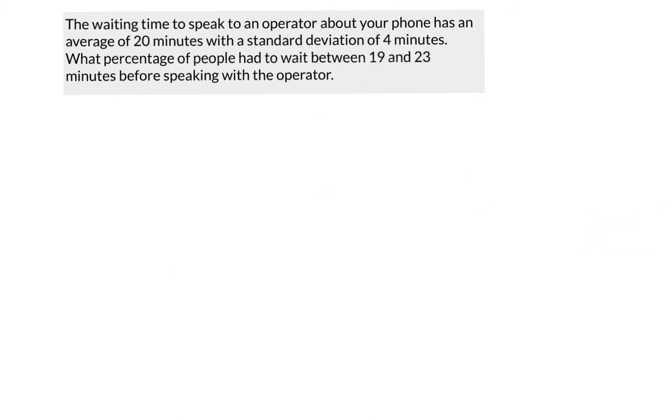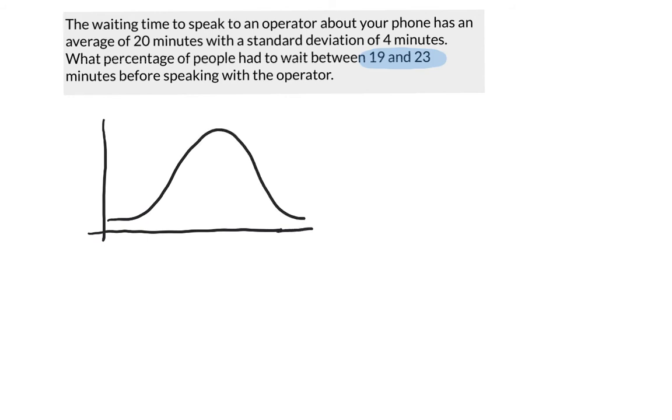So the last part of this question now revolves around this. We're trying to find out what percentage of people had to wait between 19 and 23 minutes before speaking to an operator. So again, if we look at this on a graph, it's always a good idea to draw this out first of all to have a good visual of what it is.